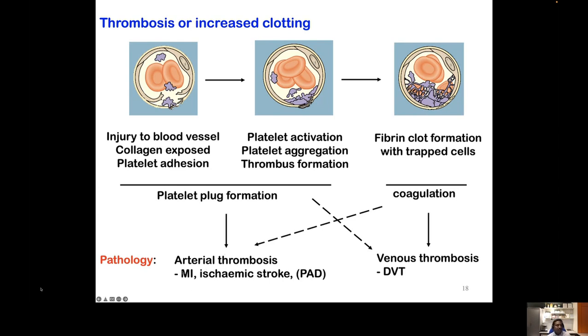Examples for arterial thrombosis are myocardial infarction or heart attack, ischemic stroke, and peripheral arterial diseases. For venous thrombosis, the best example is deep vein thrombosis, which we will talk about again next year in too much detail. So these are the main reasons why we are taking different anticoagulant drugs.